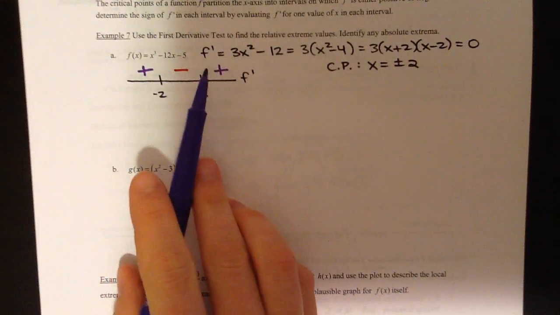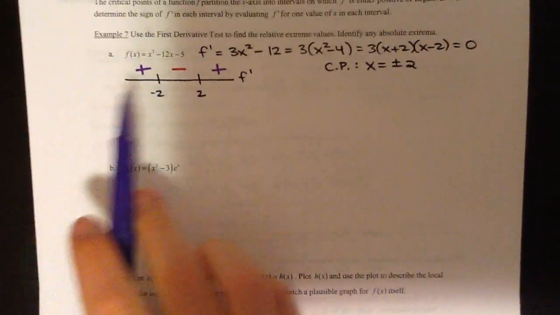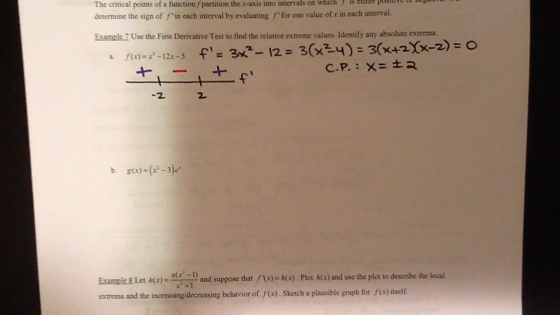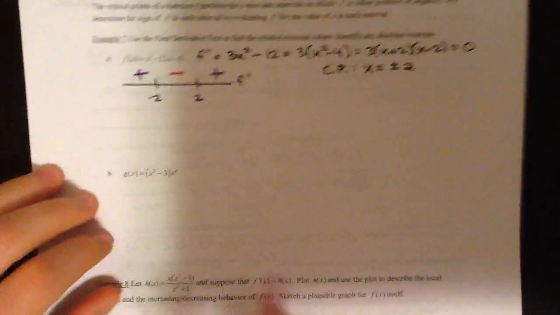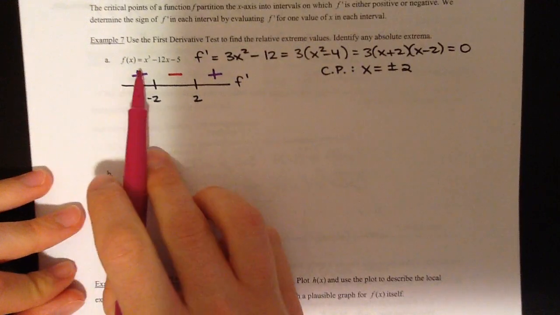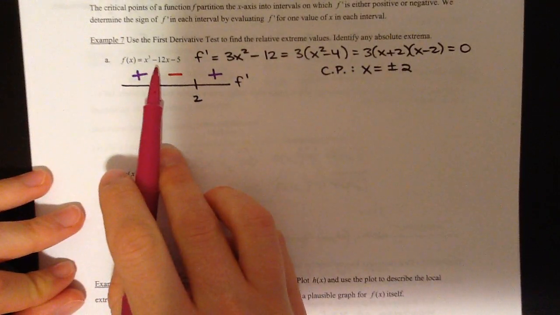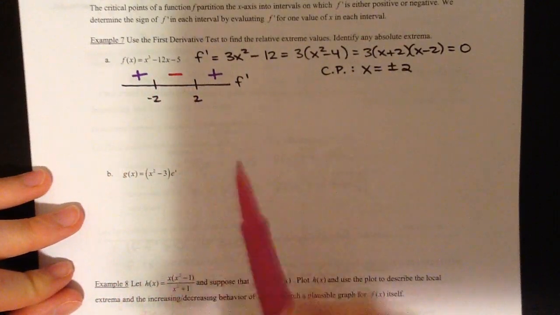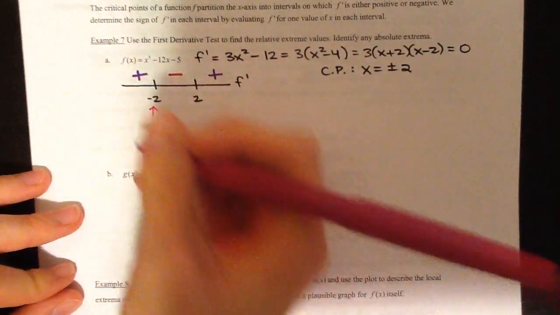So if we figure out exactly what the max and mins are going to do, looking at the sign of f prime on each interval, we're going to find some local maxes and local mins. So let me draw a couple things on here. My derivative is positive, which means my function's increasing, then it switches to decreasing. So when I switch from increasing to decreasing, this right here would be a local max.